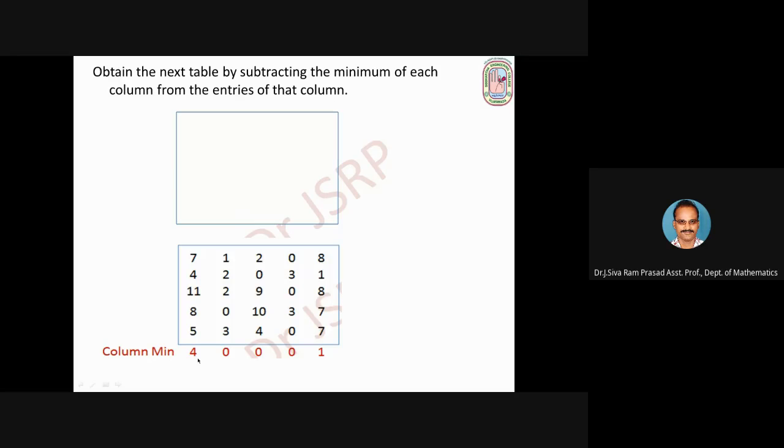Okay, the first column minimum is 4, subtract 4 from the first column. 7 minus 4 is 3, 4 minus 4 is 0, 11 minus 4 is 7, 8 minus 4 is 4, 5 minus 4 is 1. The second, third and fourth columns have minimum 0, so by subtracting 0 those columns remain the same. Next, subtract 1 from the last column. So 8 minus 1 is 7, 1 minus 1 is 0, 8 minus 1 is 7, 7 minus 1 is 6, 7 minus 1 is 6.